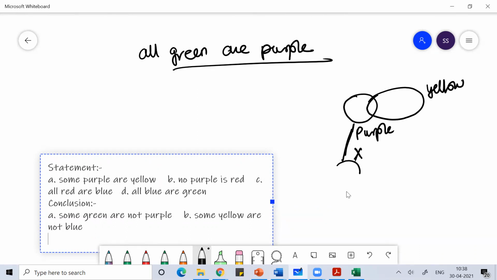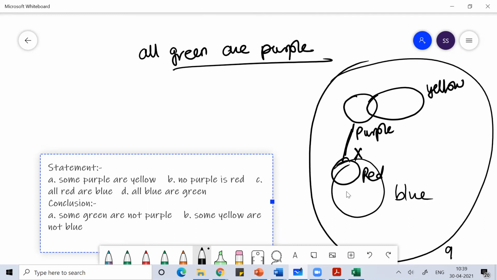Suppose all red are blue. All blue are green. Then all green are purple. So all green are purple. All red are blue.